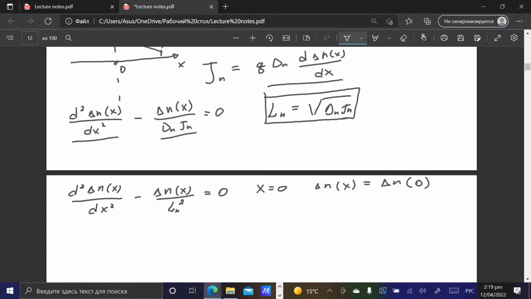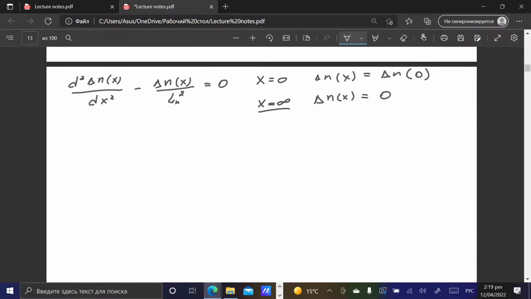Then at x equal infinity, obviously these minority charge carriers will not reach infinity, they will recombine before. So we can write that delta n at infinity will be equal to 0. These are our boundary conditions and our differential equation.